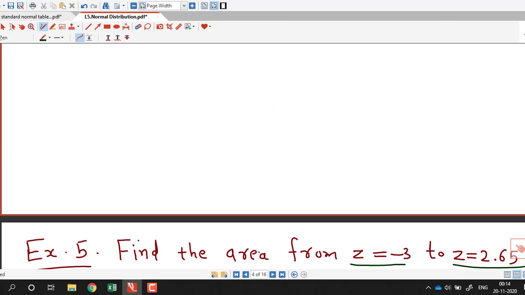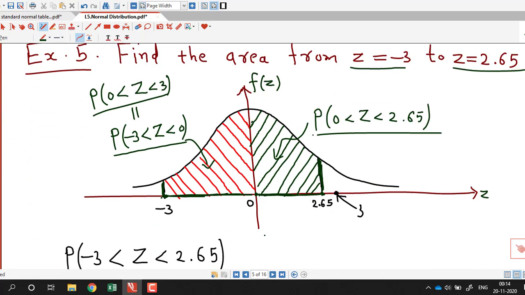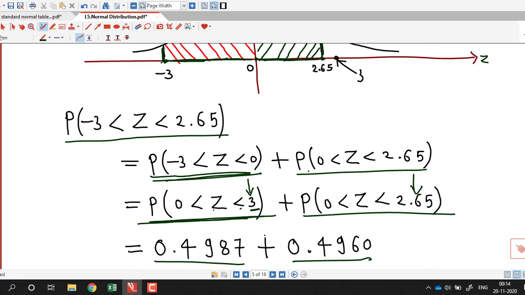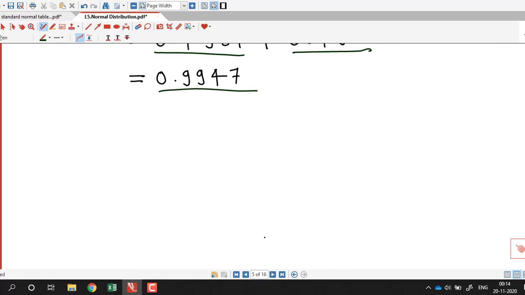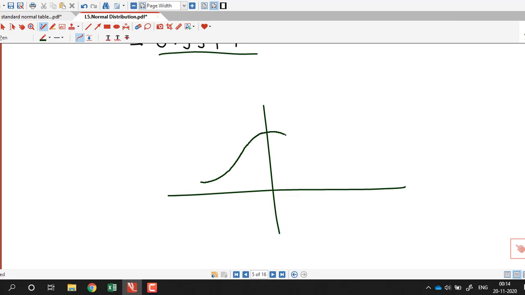So in some examinations, instead of cumulative probability tables, you may be given this type of table which gives you the area under the standard normal curve between z equal to 0 and some specified value of z.